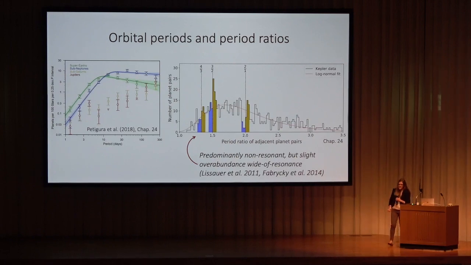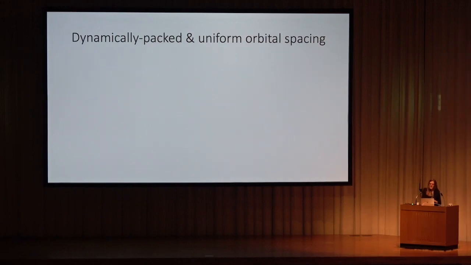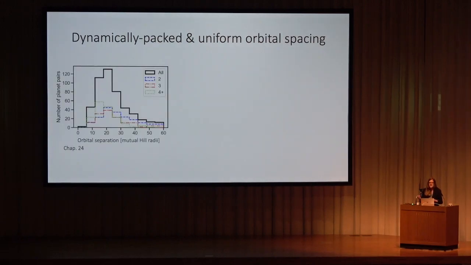So resonances are locations where the orbital period ratios are near a fraction of simple integers. We can see these slight overabundances wide of these resonances. If we look at the orbital spacing in units of mutual Hill radii, we can see that the orbits are pretty close to what we call dynamically packed.